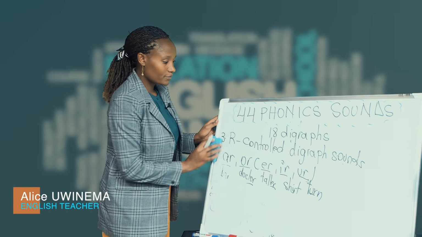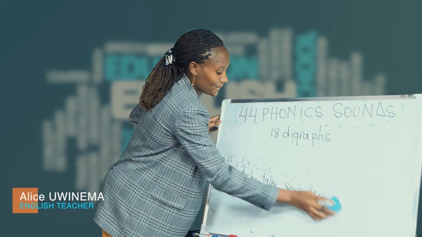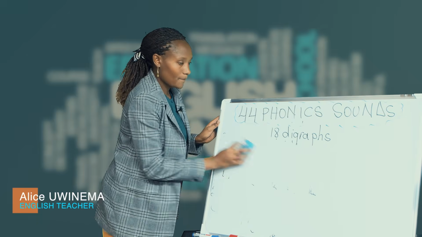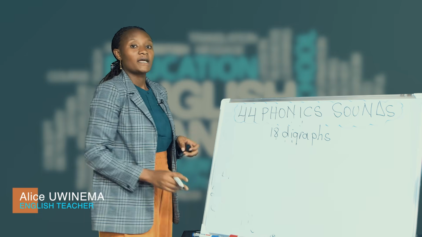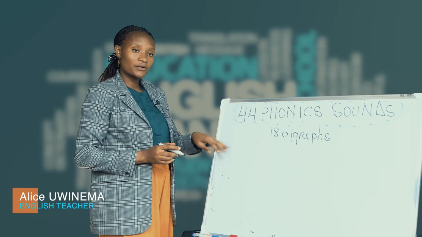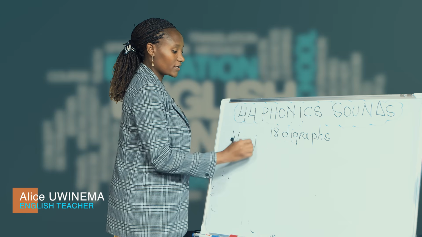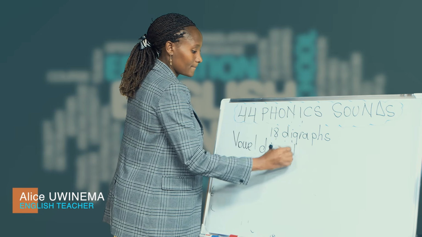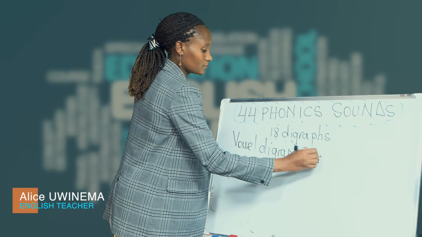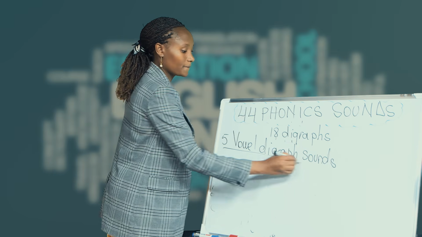The fourth group in the digraphs is the vowel digraph sounds. These are also 5.